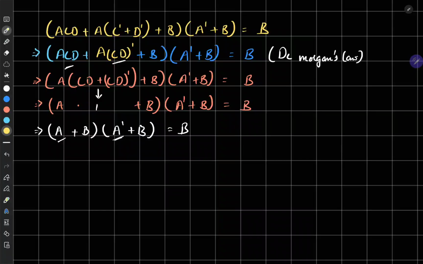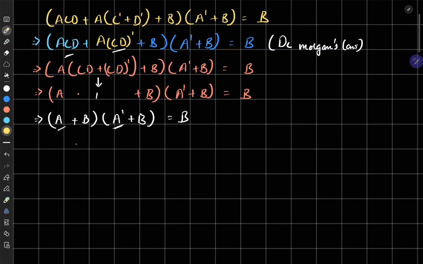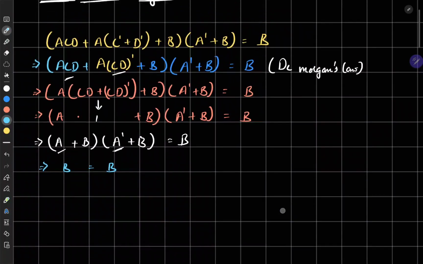Similarly to the previous step, since we have an A and an A naught and they're ANDed, by commutativity, it's basically just like saying A or A naught, right? Because they're multiplied on the inside. So that's pretty much all we need to do, and we get a B. And then on the right-hand side, we already have the B.